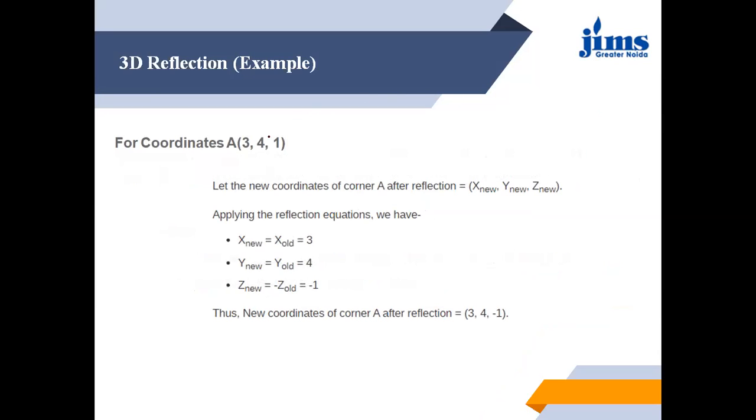So come to the next page, we will discuss over here. For coordinate 3, 4, 1, that is for the object with respect to point A, this is Z new, because as I told you, the values of x and y will not change. So the value of x, you can see from here, earlier it was 3, now also it is 3.